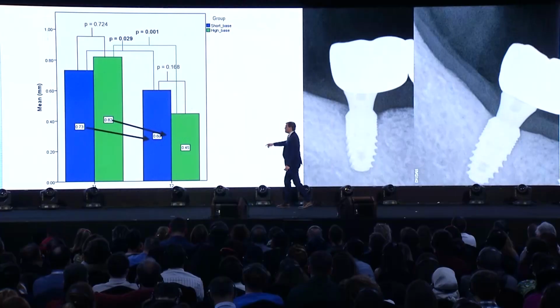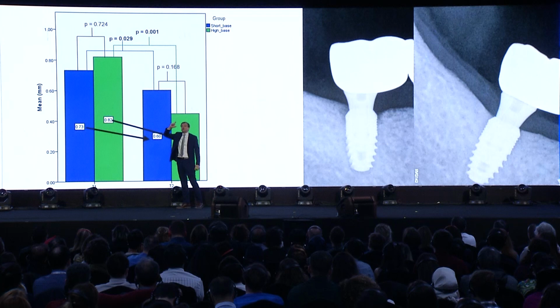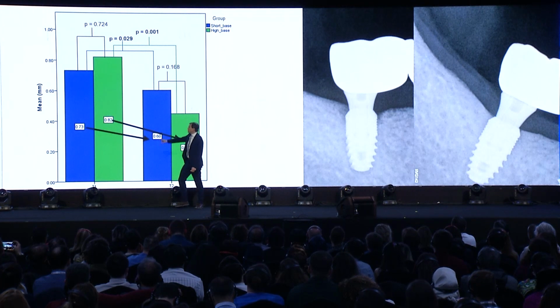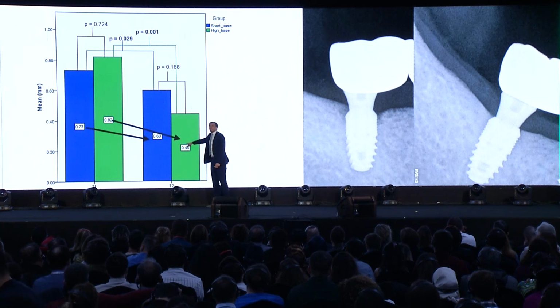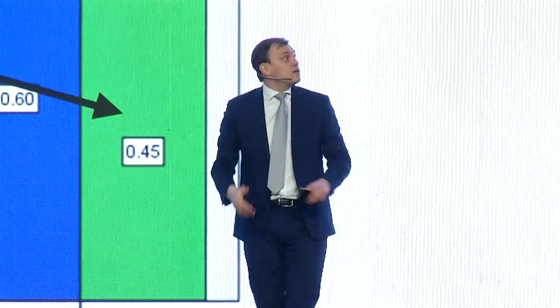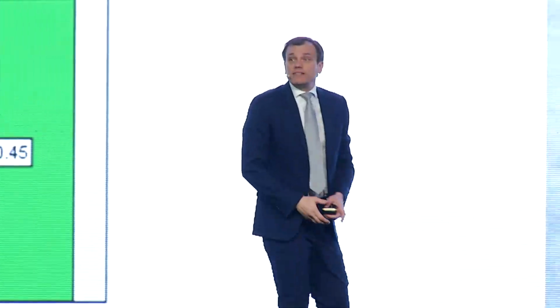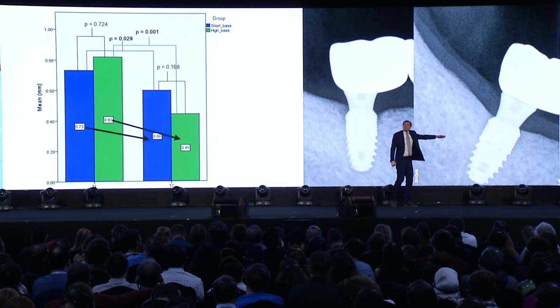The same happened, and even more significantly, with the tall tie base group. You see from 0.82, we had a reduction to 0.45. So the bone got better twice. This is delivery, and this is the same case after 1 year.